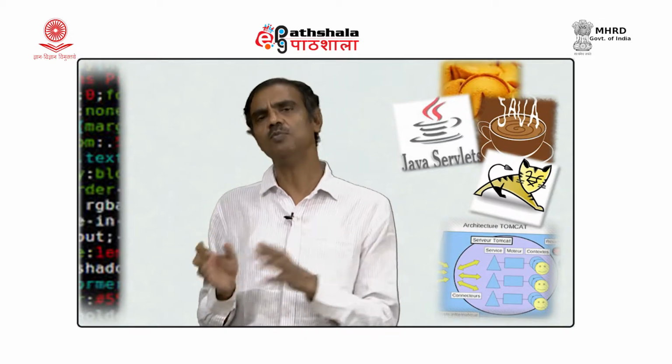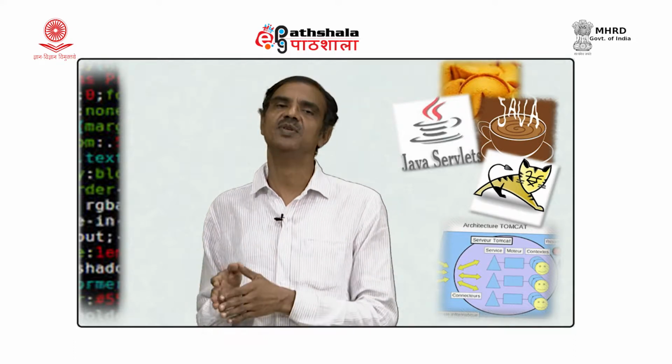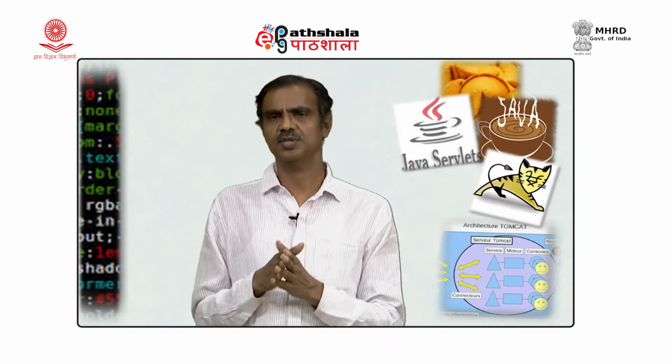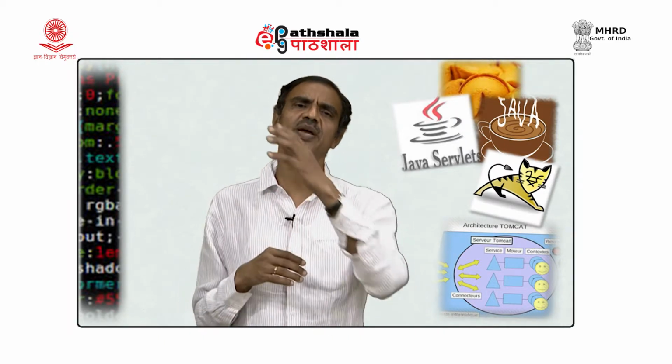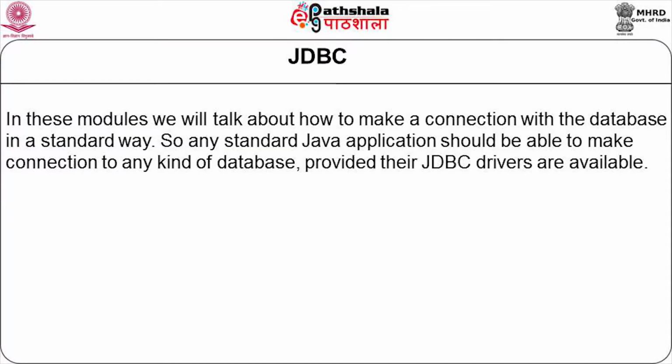Modules 8 and 9 cover the JDBC APIs. They talk about how to make a connection to a database in a standard way. Any standard Java application should be able to make a connection to any kind of database, provided the JDBC drivers are available.